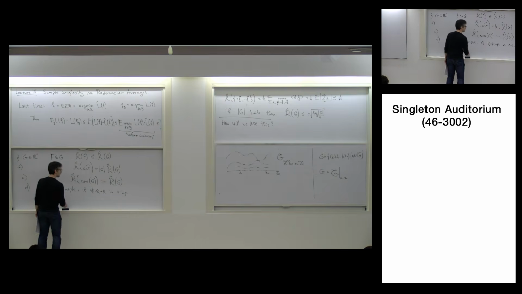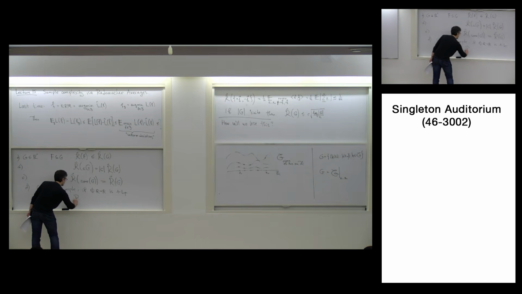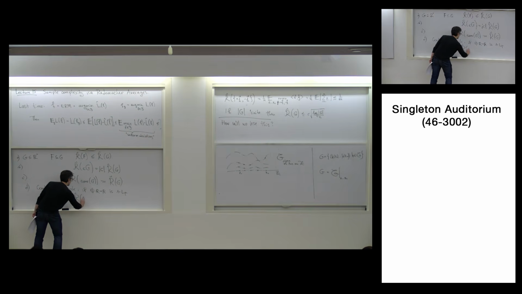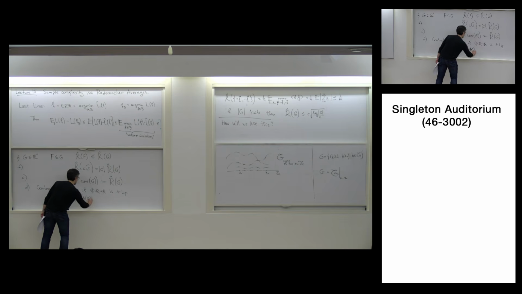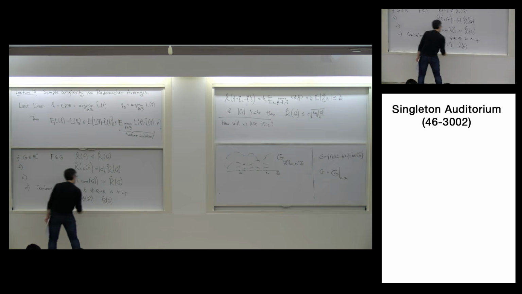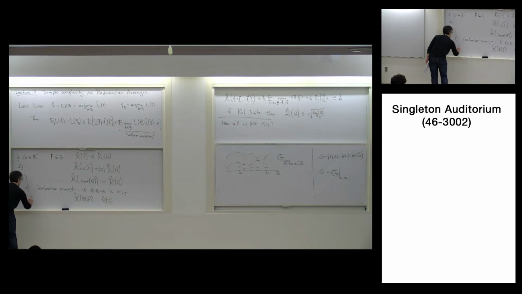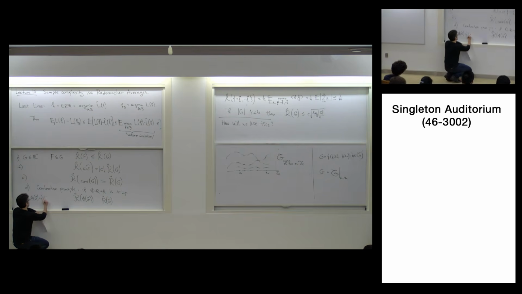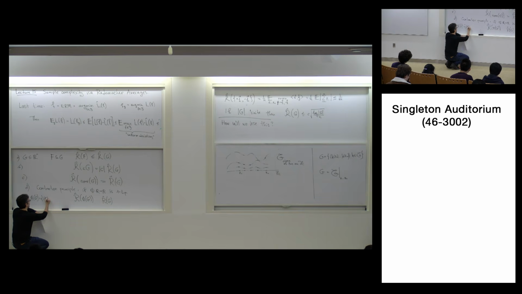Then what do you think the relationship is between R hat of phi of G and R hat of G? Now, I'm going to define phi of G as just the set of vectors phi of g1, through phi of gn, where g is in G.